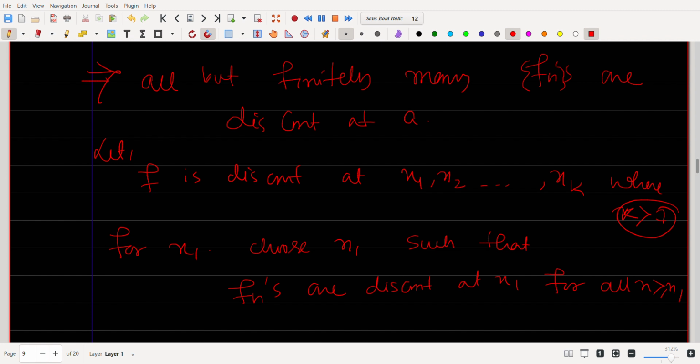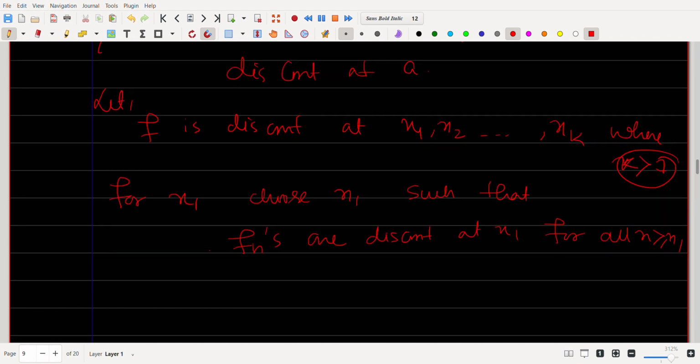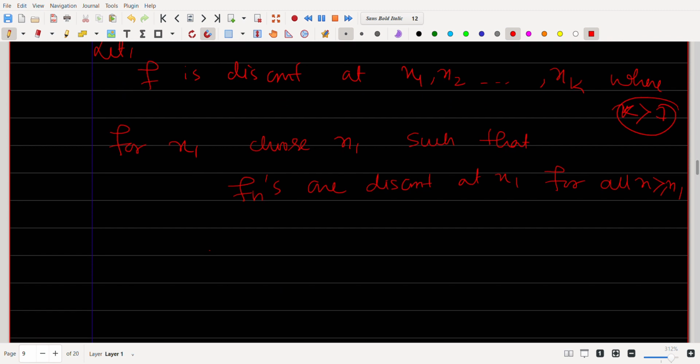We can find it, right? Because we know that all but finitely many fn's are discontinuous at A. That means after some finite stage, all fn's are discontinuous at x1. So we can choose some n1 such that after that value, all fn's are discontinuous at x1.